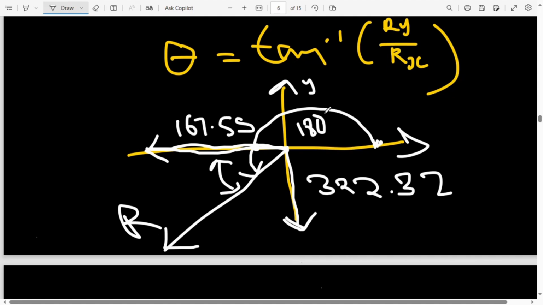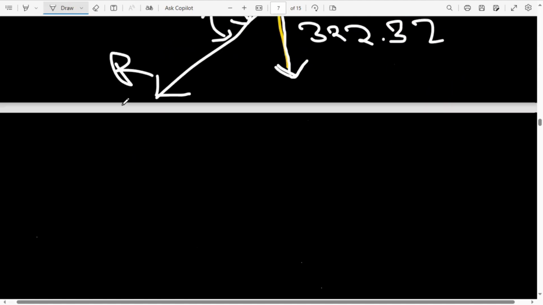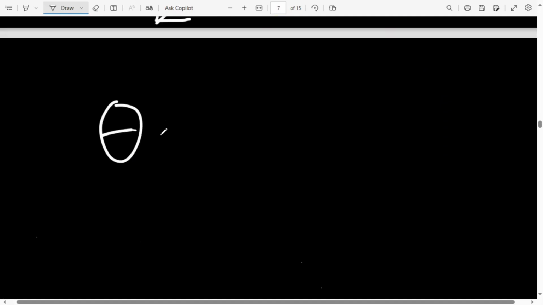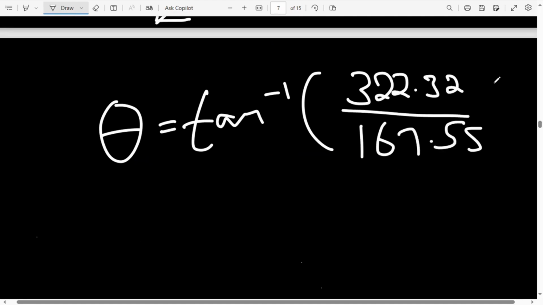Okay, so now let's use this formula. Theta is equal to tan inverse of the y component, which was 322.32, divided by the x component, which is 167.55.